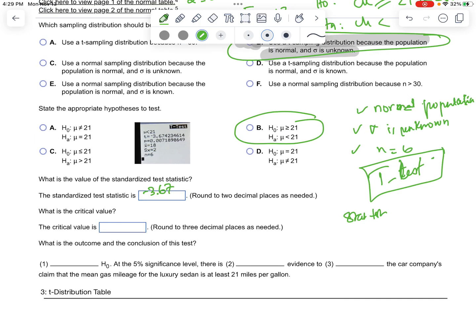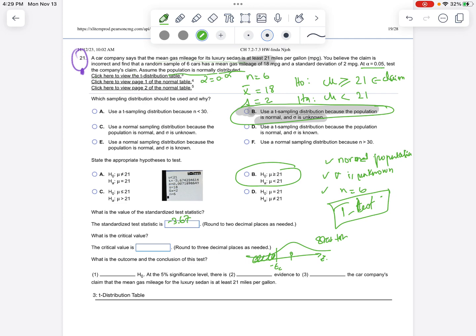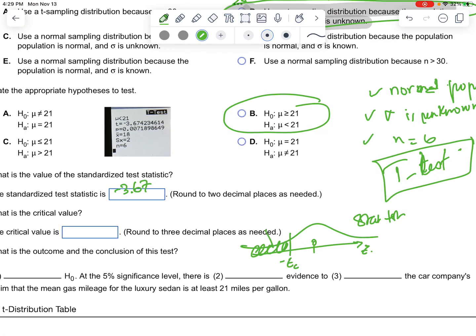Critical value, it's a less than test. So negative tC. All right, alpha was what? 0.05. Okay. So this is inverse T, 0.05. Degrees of freedom is 5. DF is 5, which is 6 minus 1.